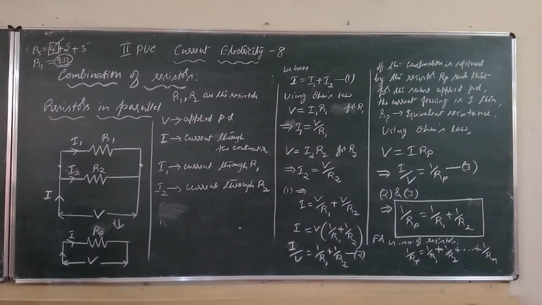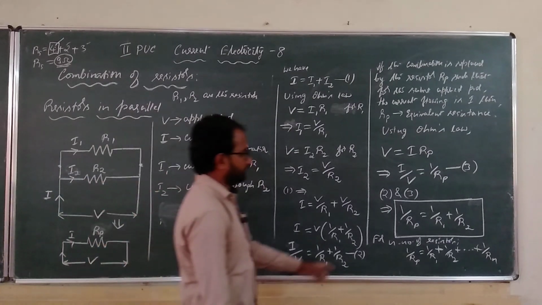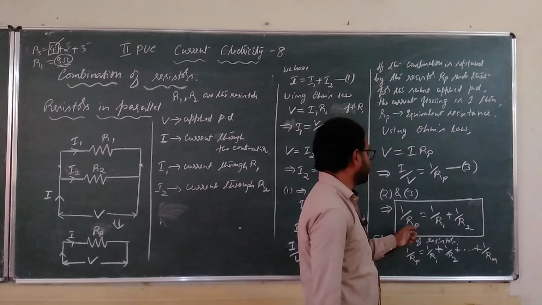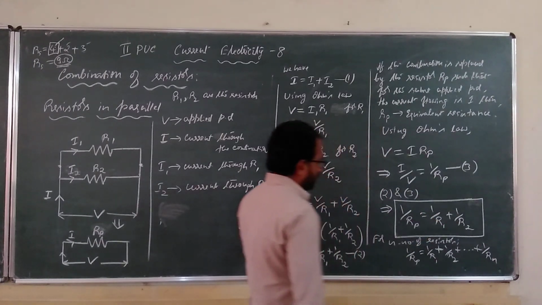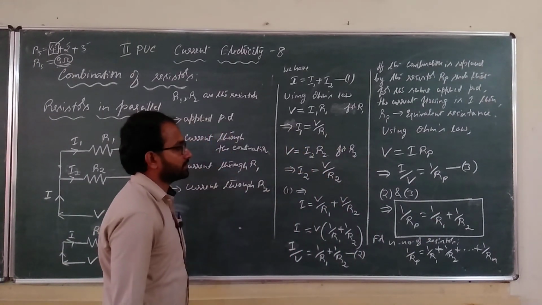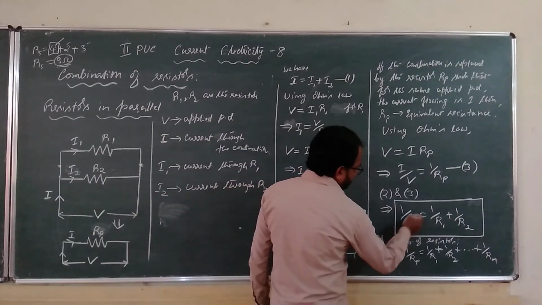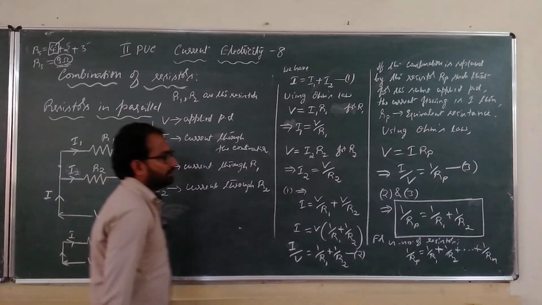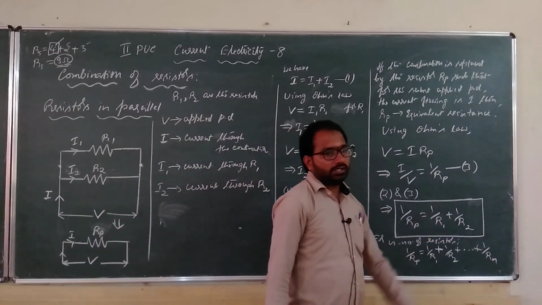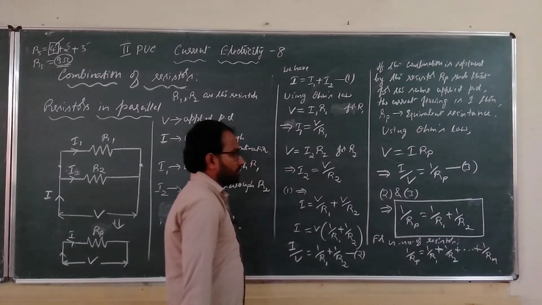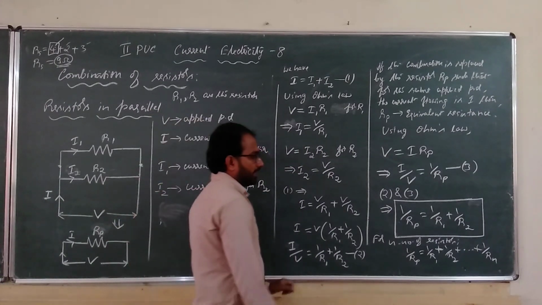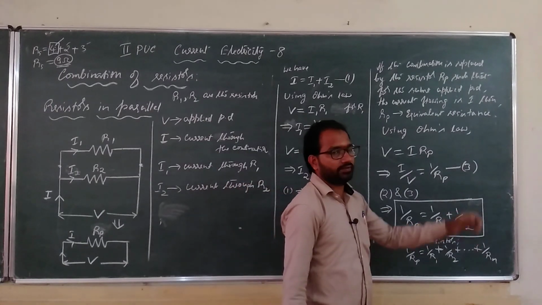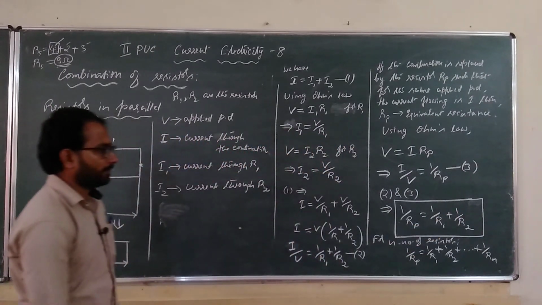In case of parallel combination of resistors, the effective value of resistance Rp is less than the least among the individual resistances.